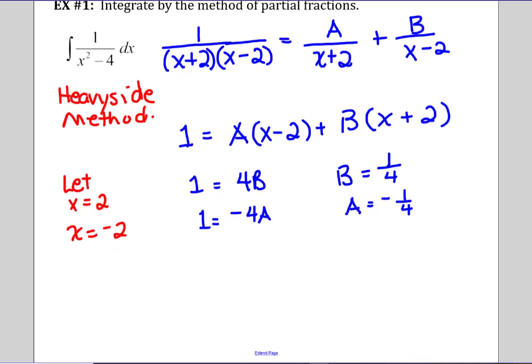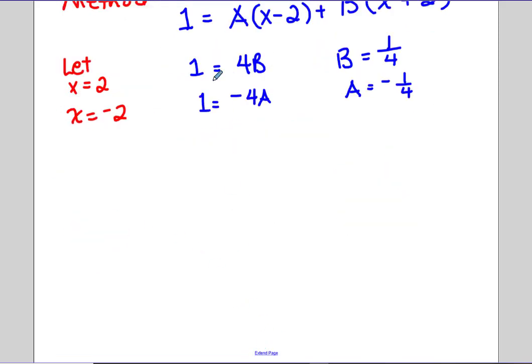So after we find the values for the a and b terms, then we want to integrate accordingly. So next we want to integrate.